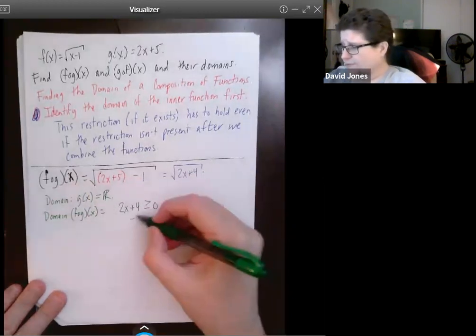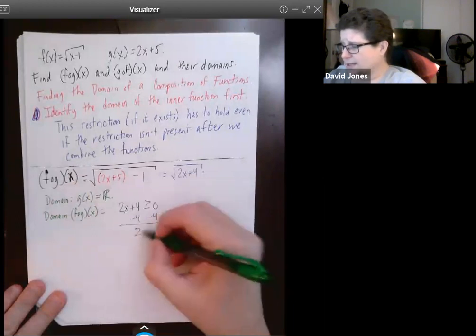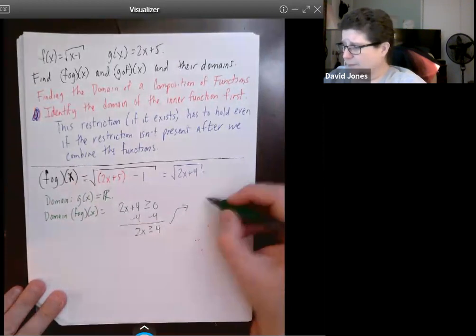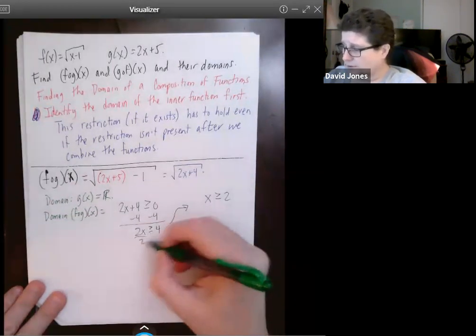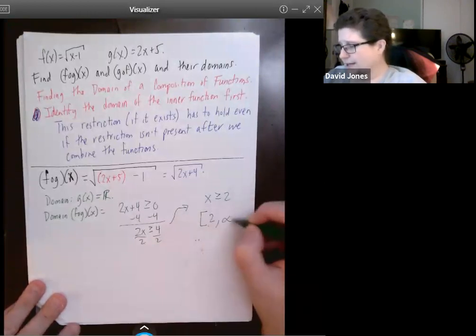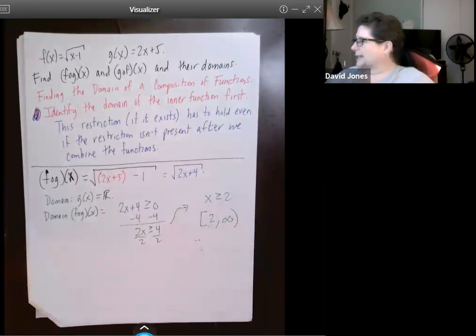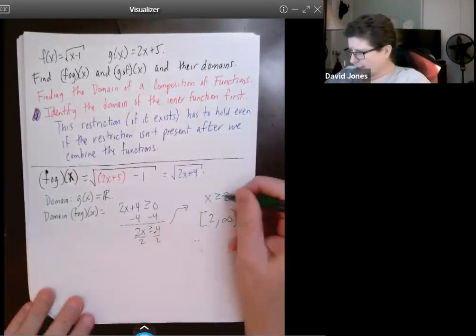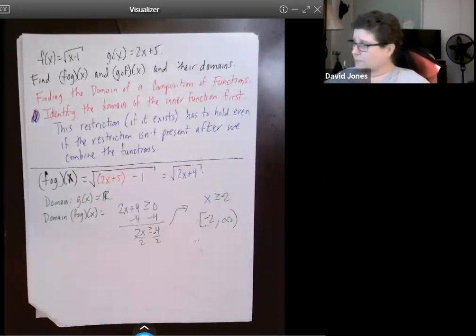So if I subtract 4 from both sides, I get 2x is greater than or equal to -4. Finally, I divide by 2, I get x is greater than or equal to -2, which means the domain is -2 to infinity. We include the -2, we give it a bracket. Wait, that's a -4. Look at me making a mistake. That's a -4 right there, and that makes that a -2.